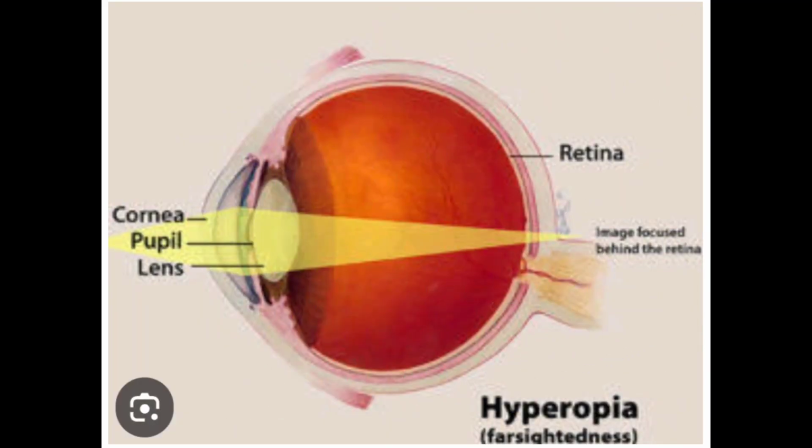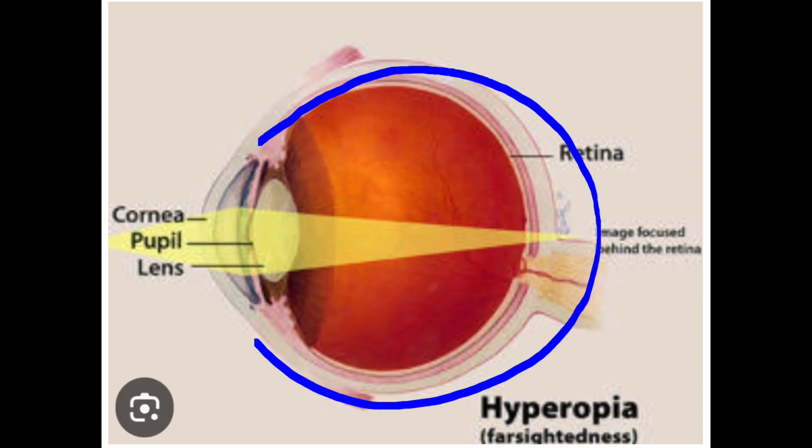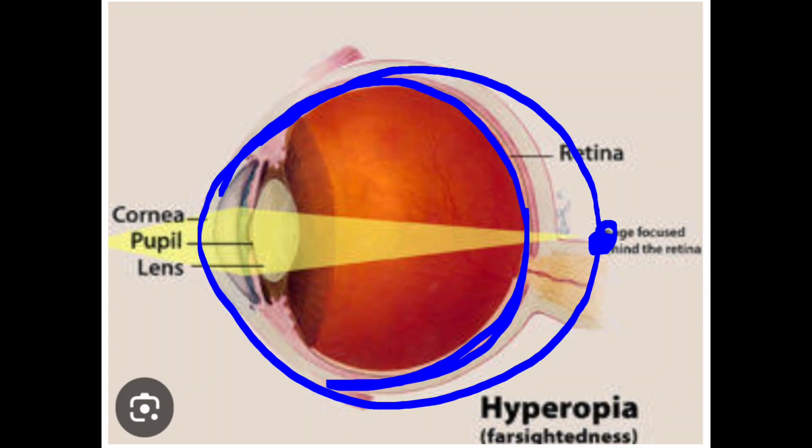If it is a normal axial length, the image will be formed on the retina. But in the case of hyperopia, the axial length becomes too small, due to which the image is not forming on the retina. So this has a great impact on the axial length, and due to this the person becomes hyperopic.